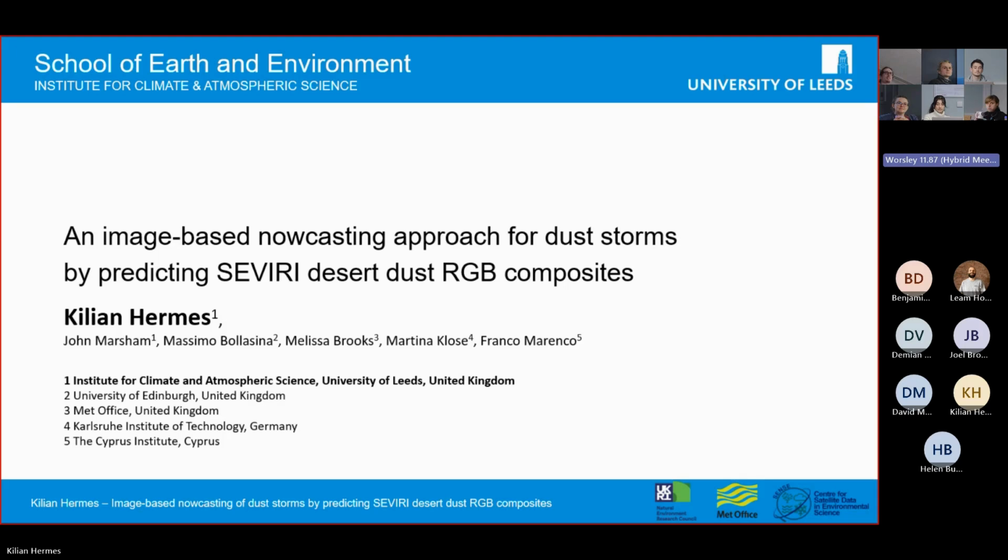So this is about an image-based approach to nowcasting of dust storms by predicting SEVIRI desert dust RGB composites. So lots of funky terms in there. So it's something about images and nowcasting. Nowcasting, for my case, is short-term predictions of weather phenomena on time scales from now, from the present, to up to 6 hours into the future, based on observational data.